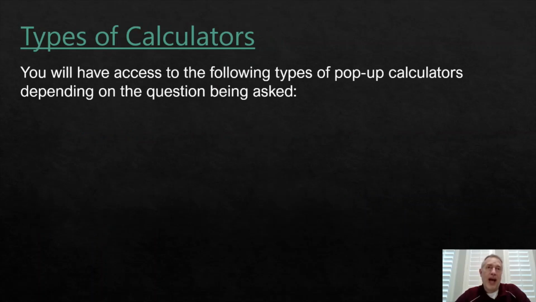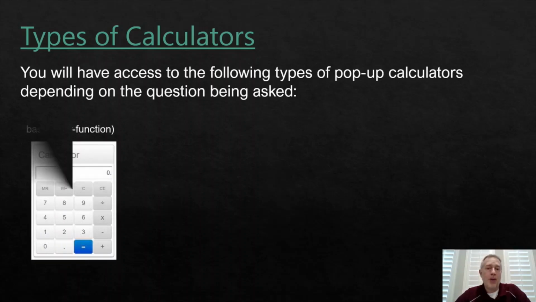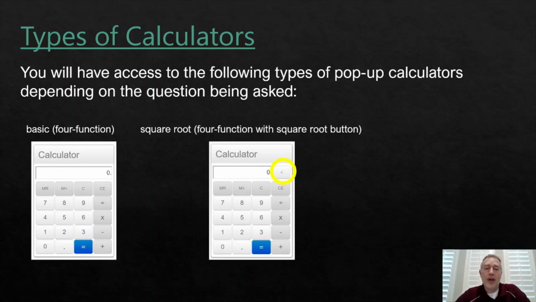So what are the types of calculators that might show up on the test? You have your basic four-function calculator. If you press the button, this one will show up more often than not. Sometimes, though, they will give you a square root function calculator. And you can see the only difference between this and the first calculator is they gave you a square root button.